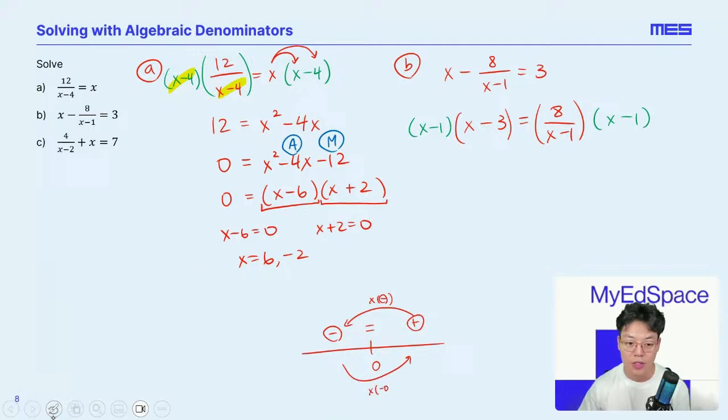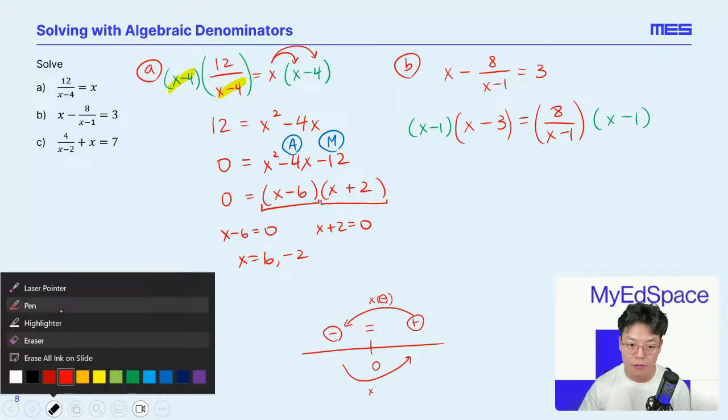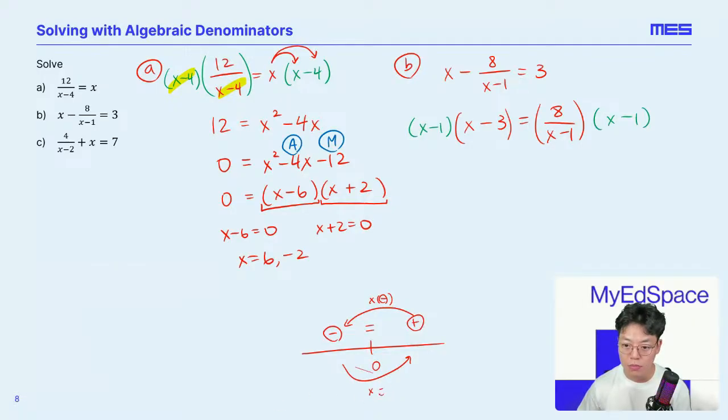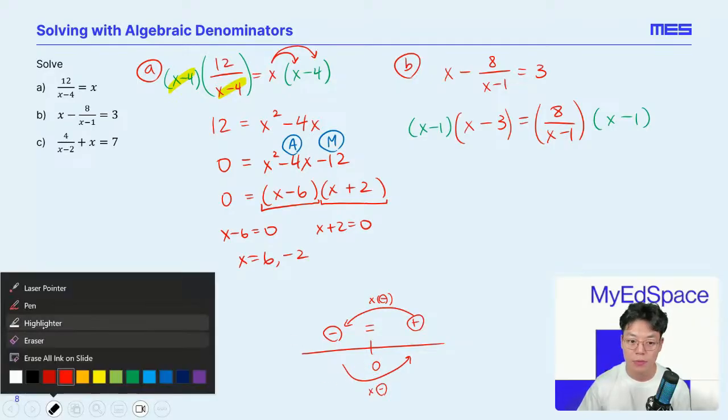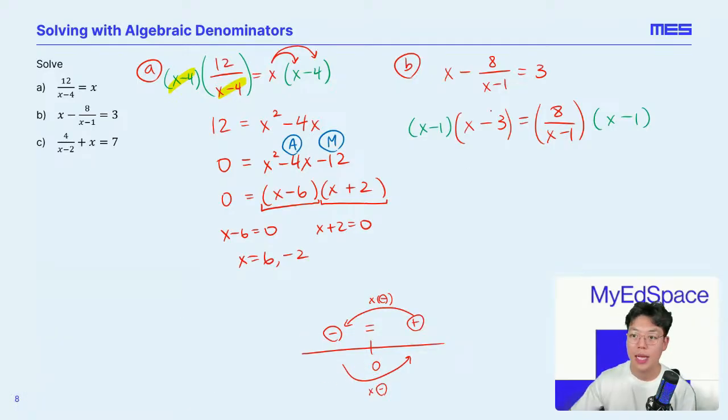I meant to circle the negative, like this. So that's how this negative 8 over x - 1 became positive on the right side of the equality, and the 3 here became negative on the other side. This always works when we are adding or subtracting terms on either side of an equality.